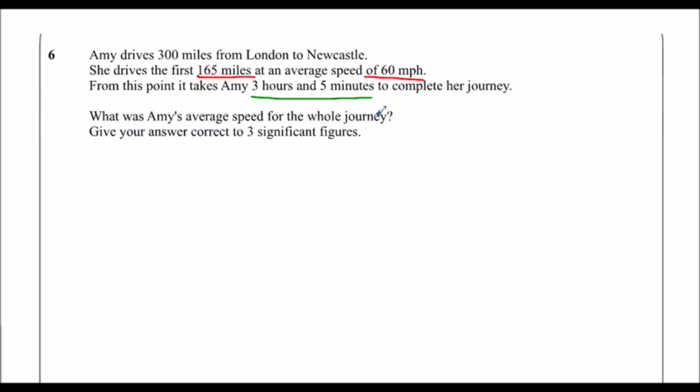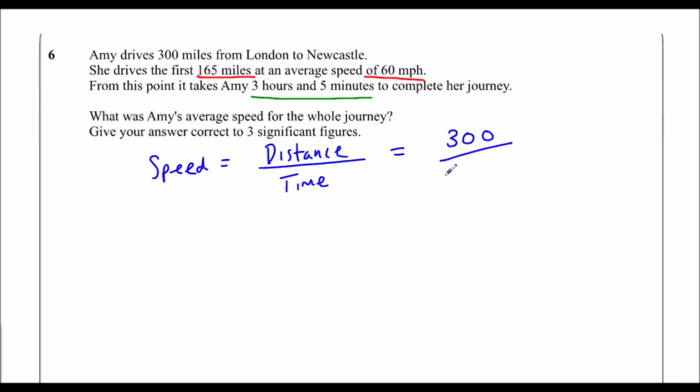So speed is equal to distance divided by time. So we want total distance divided by total time. And we know the total distance. It's going to be 300 miles. What we don't know is the total time.